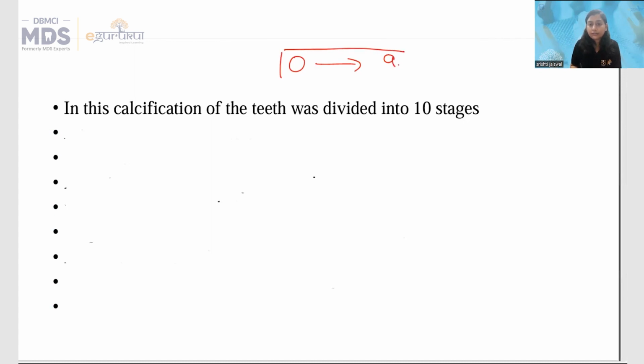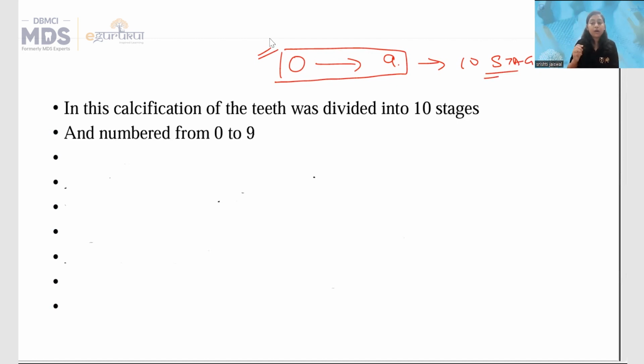Okay, do not forget this. This is 0 to 9, but altogether there are 10 stages. There are not 9 stages, there are altogether 10 stages, numbered from 0 to 9. Now developmental stages are classified into 10 stages.